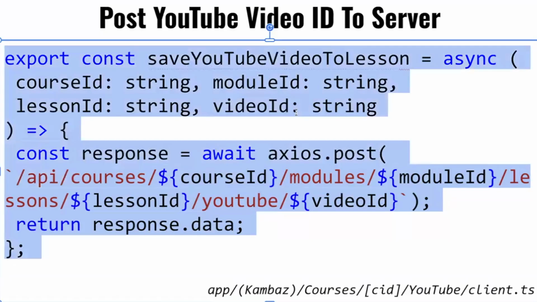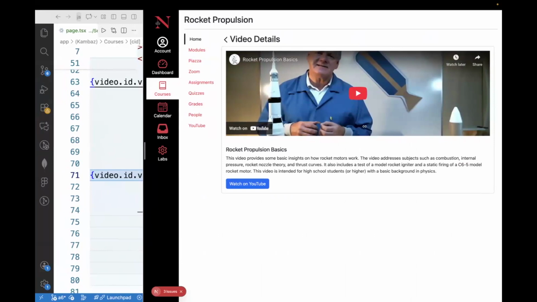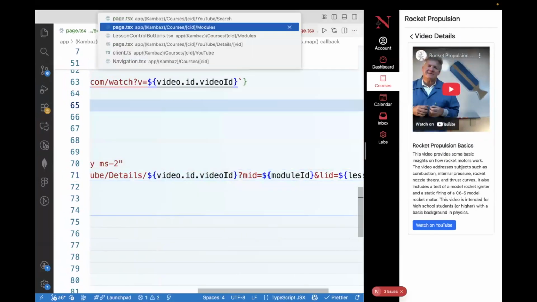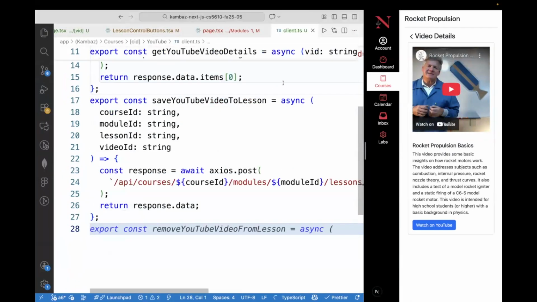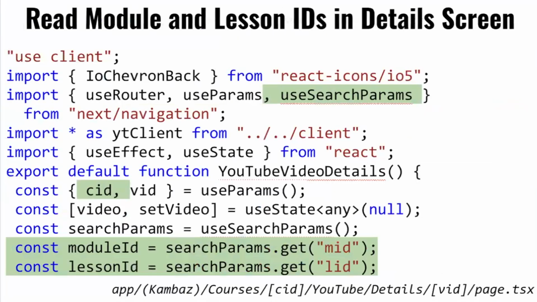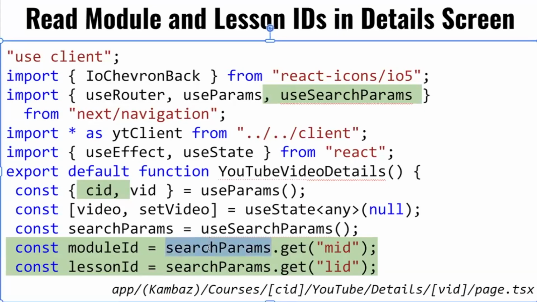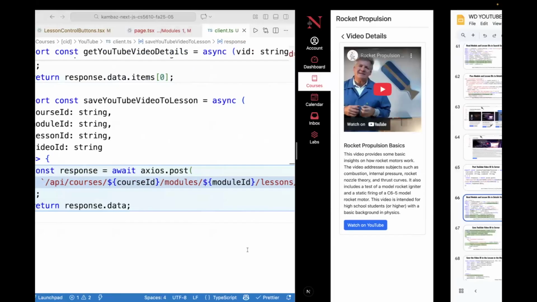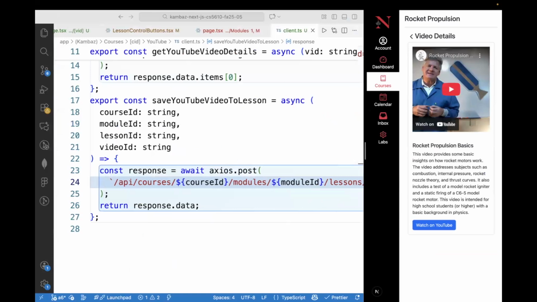So we'll do this in the client. In the client, we're going to have a save YouTube video for lesson. I'm going to pass all this information and send it over to the server. And we're going to do this all in the client. In the detail screen, we're going to parse out from the search parameters, from the query at the end. So we'll grab that from the details screen.